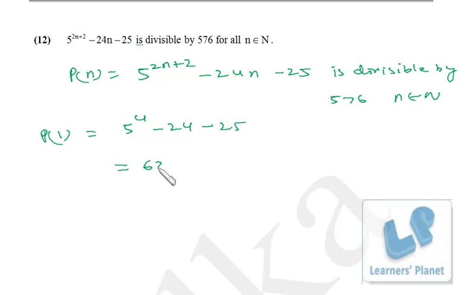So it is 625 minus 24 minus 25. So that is 576. So P(1) is true.